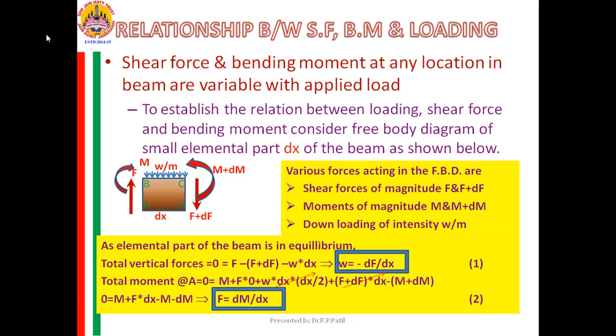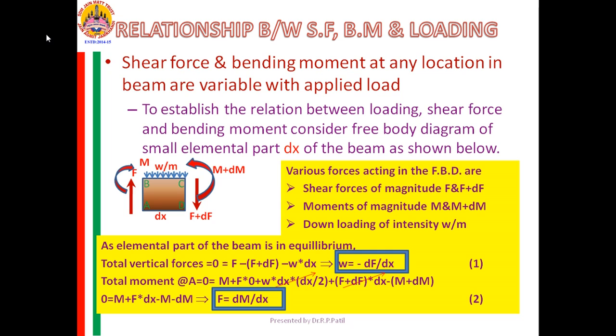Therefore, when you are taking total of vertical forces, that couple will not come into picture. Only I need to see for F, F plus dF and W. One is F upward, I have taken positive. That is why F plus dF I have taken negative because downward.